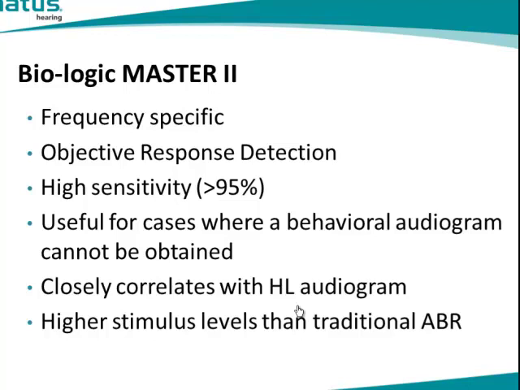And finally, with ASSR, higher stimulus levels are available for testing for those patients with severe to profound hearing loss who have no response to ABR at 90 or 95 dB nHL. ASSR allows you to test as high as 119 dB HL.